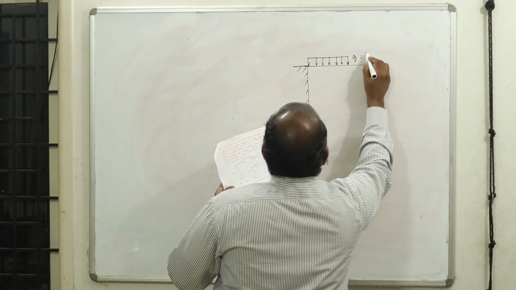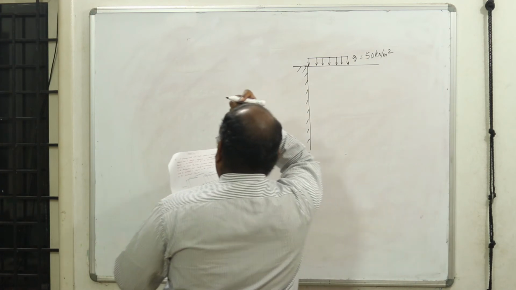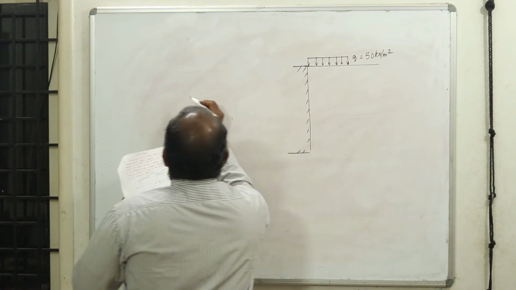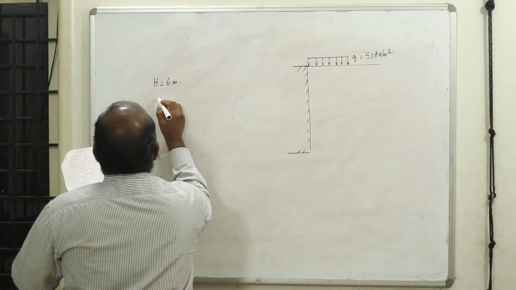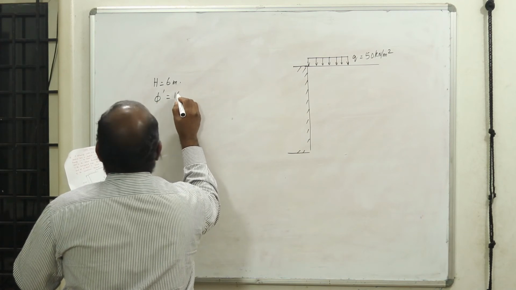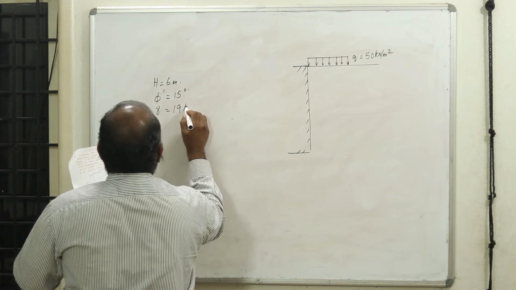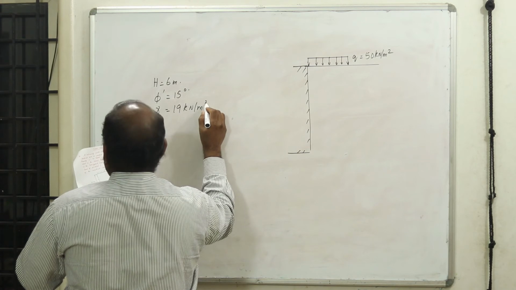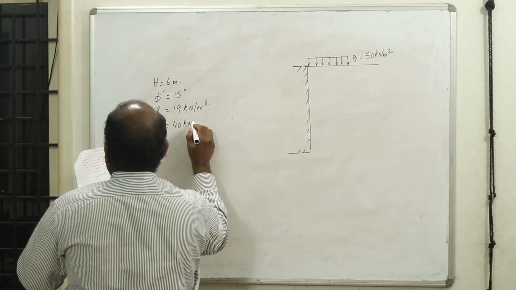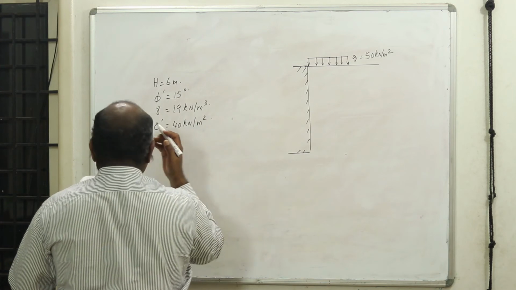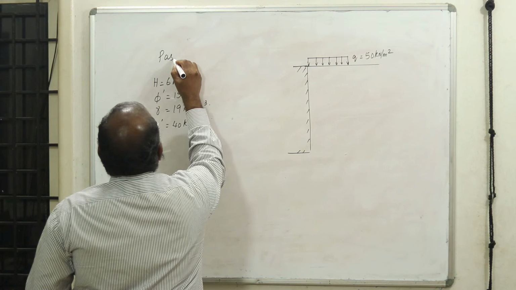Q is 50 kilonewton per meter square and H is 6 meters, and you have phi dash equal to 15 degrees, gamma equal to 19 kilonewton per meter cube, and C dash is equal to 40 kilonewton per meter square. This is a passive case.